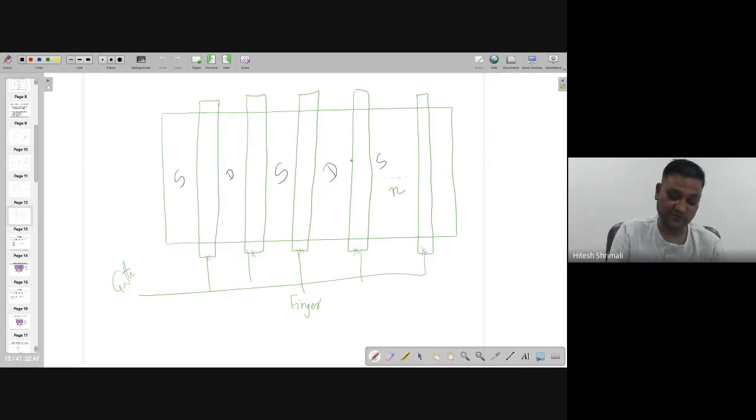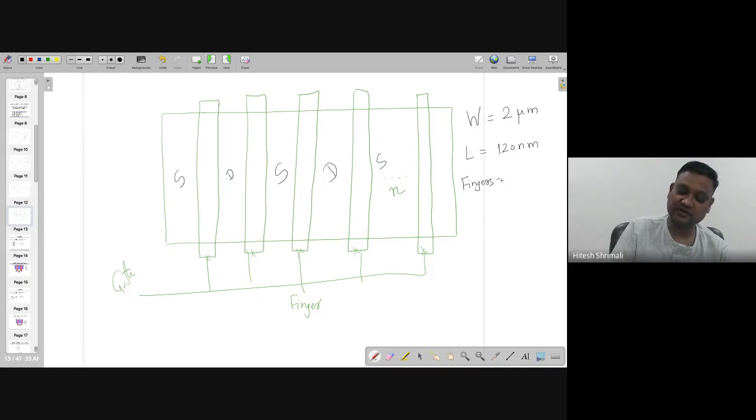But in the case of fingers, when you are giving this, what exactly the simulator understands is, let's assume that W is 2 micrometer, length is 120 nanometer, and if you are writing fingers, generally it's given as F in the simulator. Unfortunately, that is not part of Simica, so please do not look for it in Simica. It's available in Cadence.